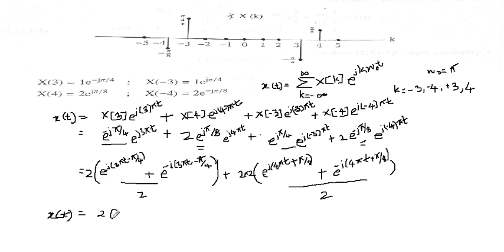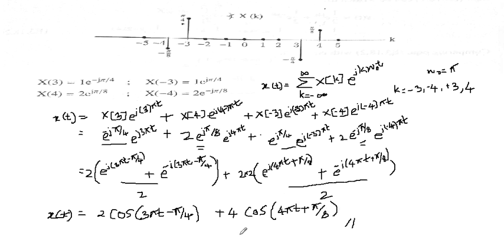So it can be written as 2 times cos of 3 pi t minus pi by 4, and the second term is 4 times, again cos of 4 pi t plus pi by 8. So that is its expansion.